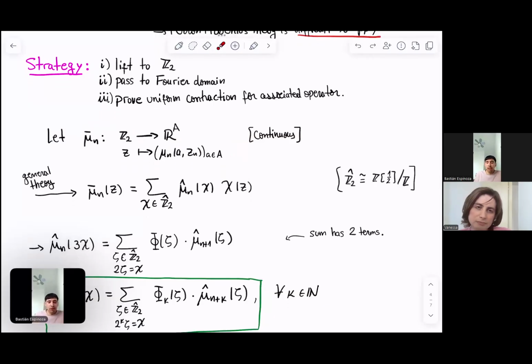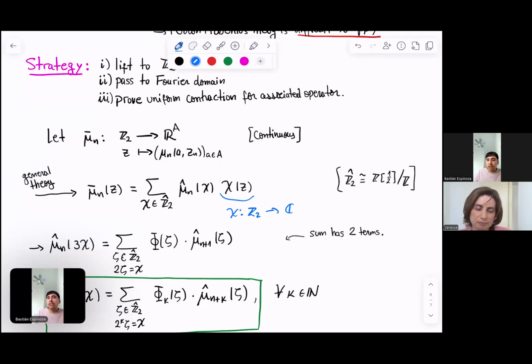So the general theory says that we can find a Fourier expansion. More precisely, what we have is an expansion of this type. So what does the general theory say? The general theory says that for any locally compact abelian group, there is a dual, what we call the Pontryagin dual, that indexes the characters, which are the things that we see here. The characters are maps that take values in Z2 and return complex numbers in such a way that for a nicely behaved function, as the function that we consider here, we can find this unique expansion.